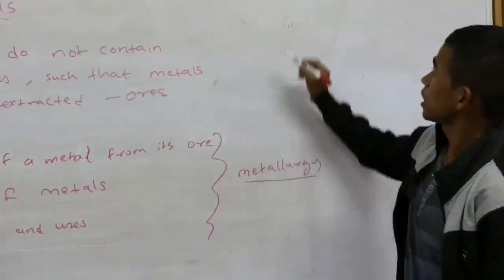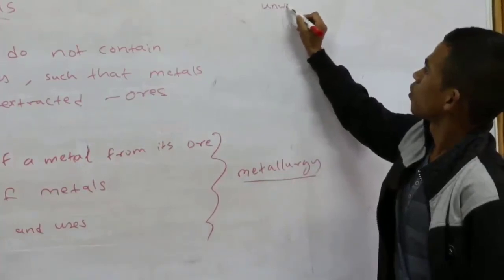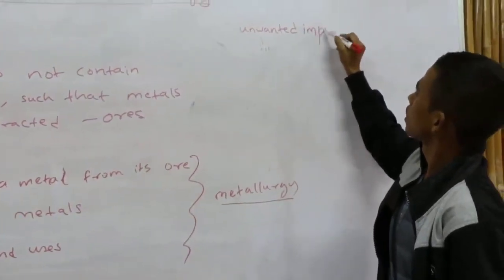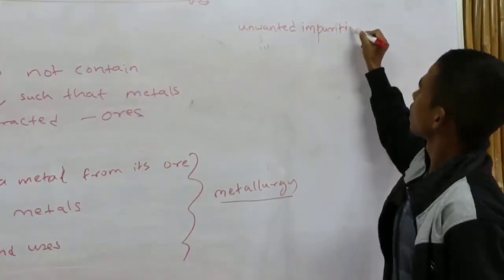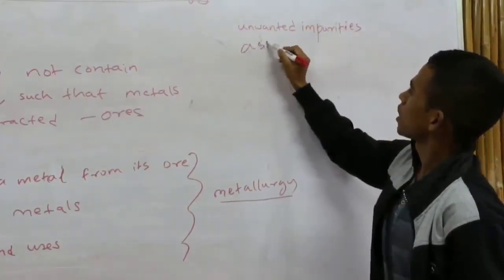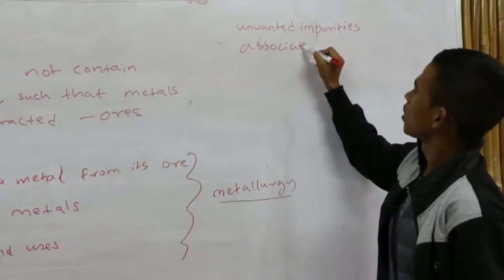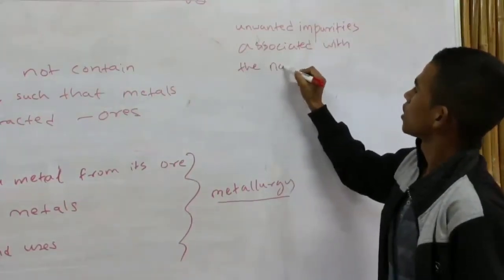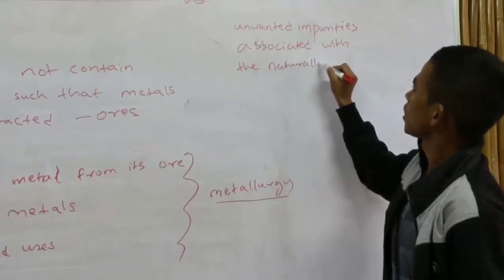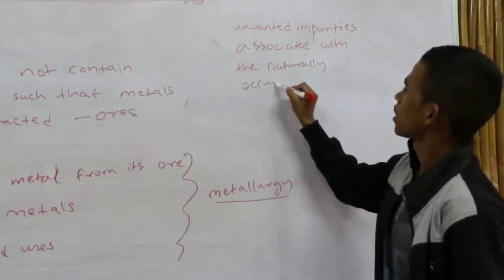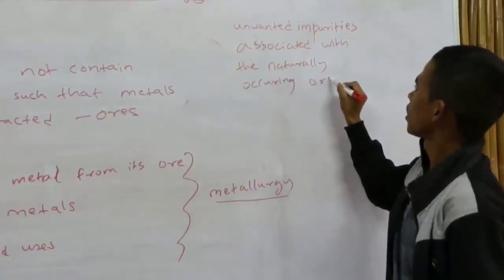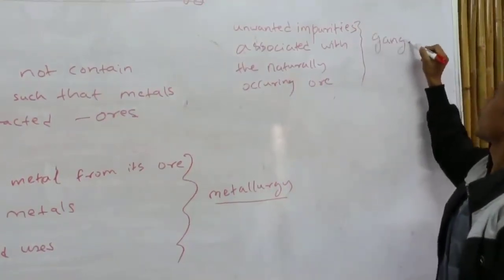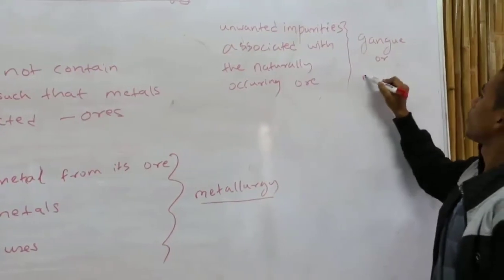And the unwanted impurities associated with the naturally occurring ore are called gangue or matrix.